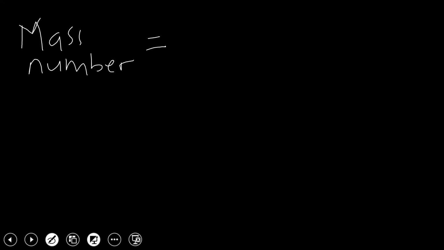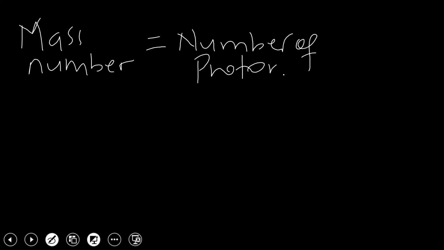Mass number is equal to number of protons plus number of neutrons.